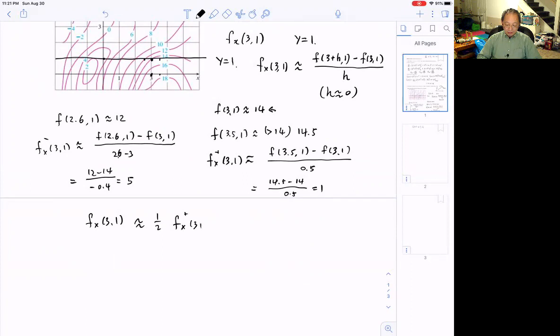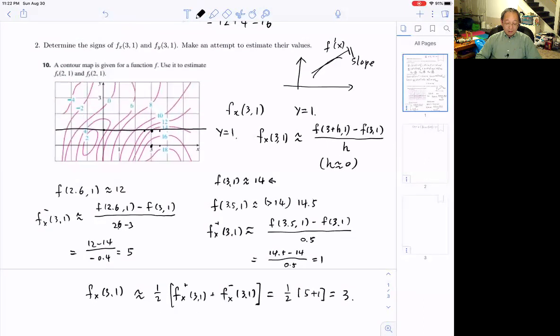It's not going to be a big deal because we are just trying to determine the sign especially. We know definitely the sign is positive. The value is increasing along the x-axis near x is 3, y is 1. So if you put them together, that's going to be 1 plus 5, over 2, and that's going to be 3.